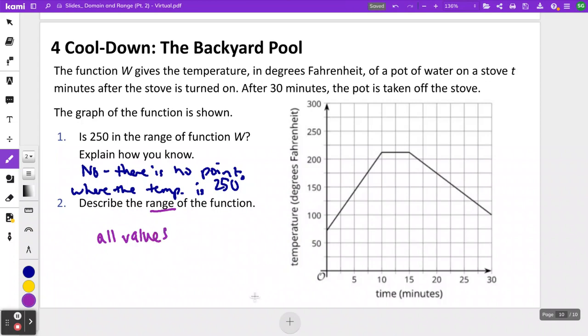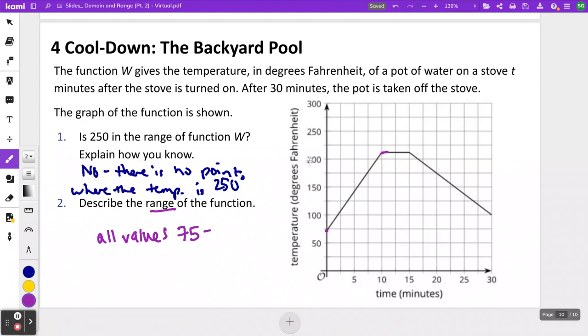And then looking at this graph, I want to get the minimum and the maximum our temperature is in this situation. So notice the smallest or the lowest the temperature ever is right here. That number between 50 and 100 is 75. And then the maximum temperature, it looks like, is this stretch right here.